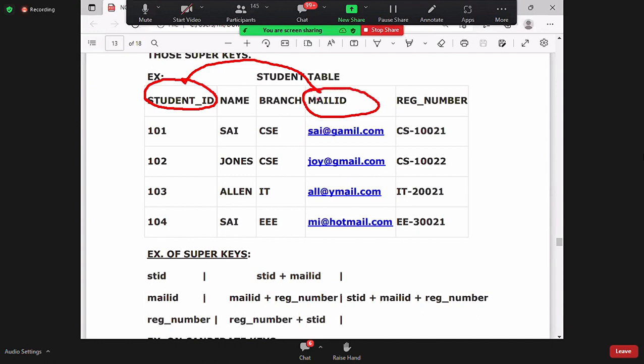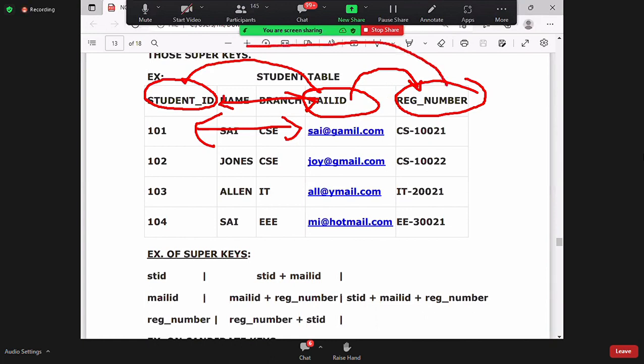If you see, both columns together show uniqueness. 101 with sai@gmail.com, unique. Next, the mail ID column with registration numbers, also unique. Registration number with student ID, again unique.